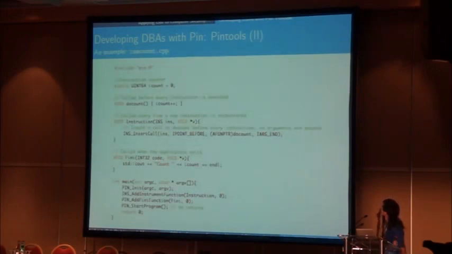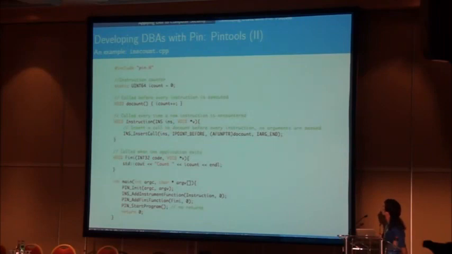As an example, let me comment on one of the examples provided with PIN. It just counts the number of instructions that are going to be executed. In your typical C main, you need to call this function, and then you only have to add a call to the instrumentation function that you want to define. In this case, they define a function at the granularity of instructions.